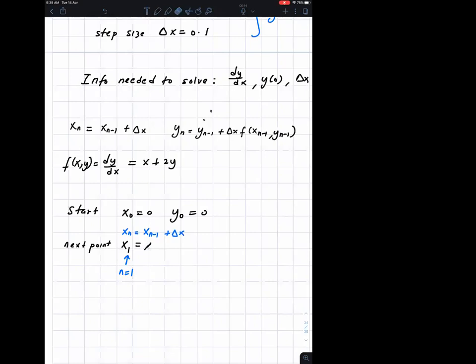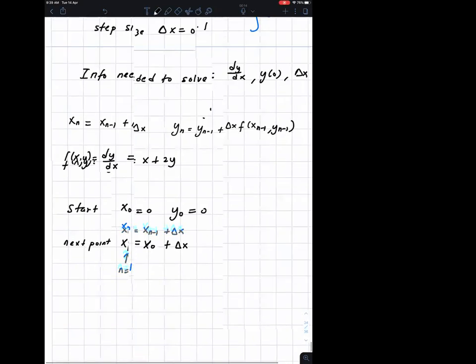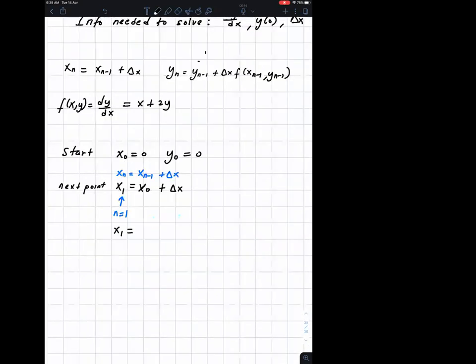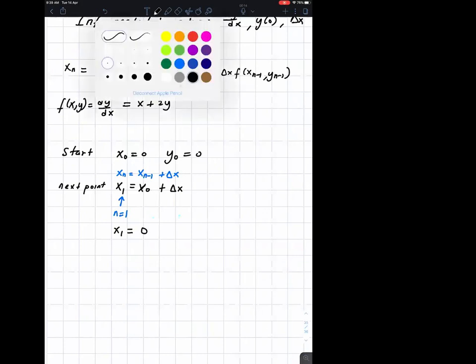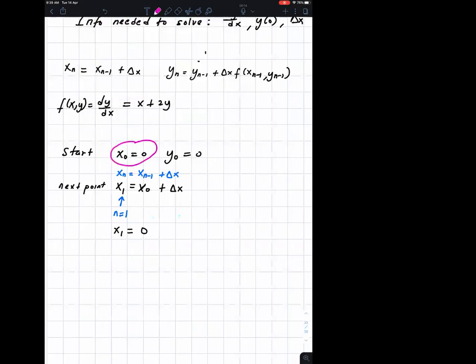x0 plus delta x. That's how you find the next point. x1 is equal to, what was x0? It's 0 here, given to you.